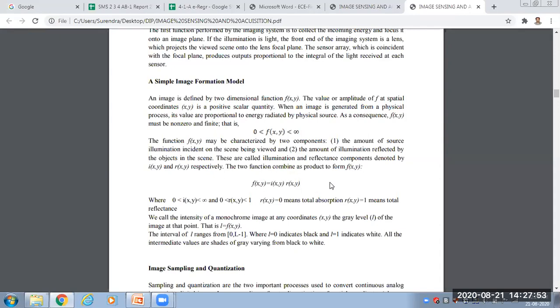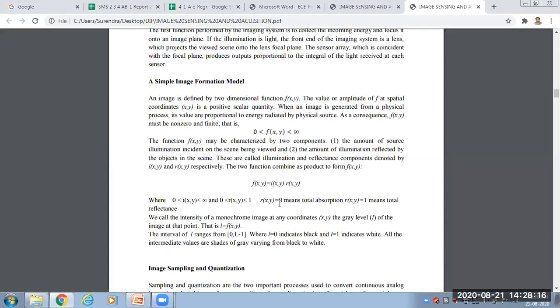Here we can say that the illumination satisfies 0 less than I of x comma y less than infinity. That means the incident light value must be finite and between 0 and infinity. The reflectance satisfies 0 less than R of x comma y less than 1.